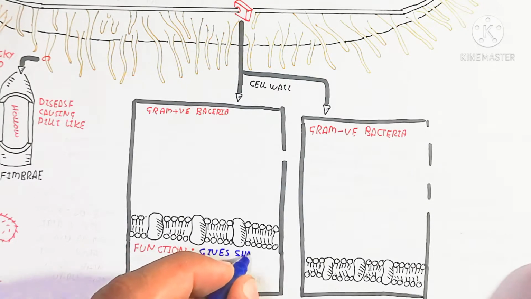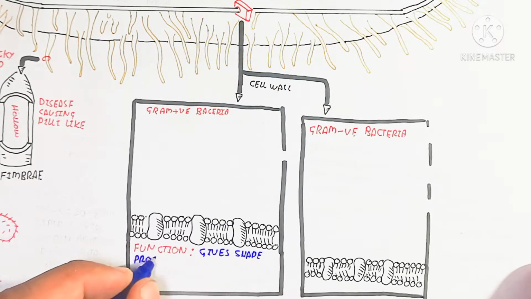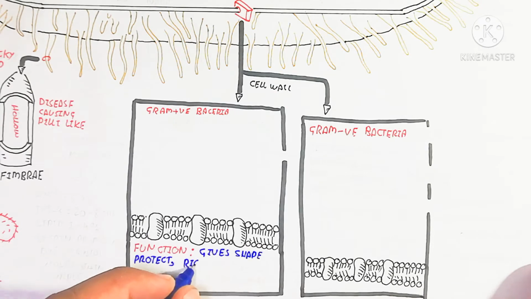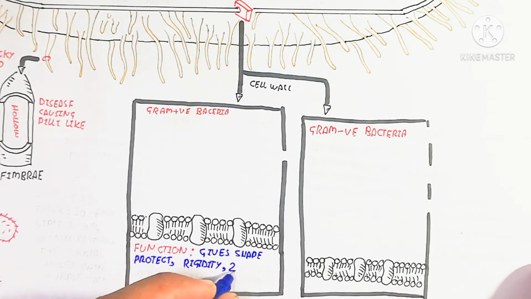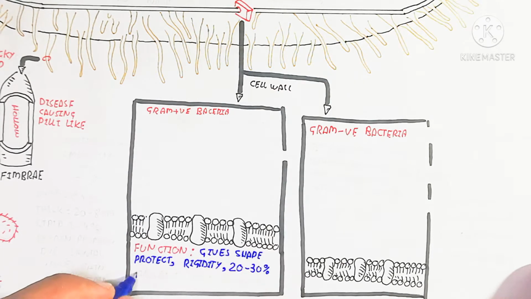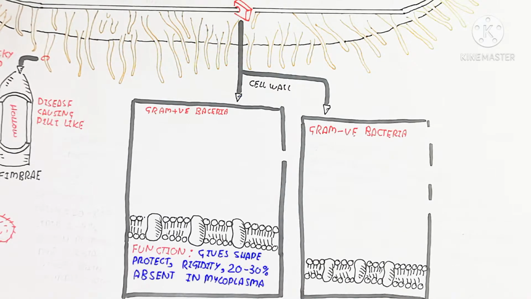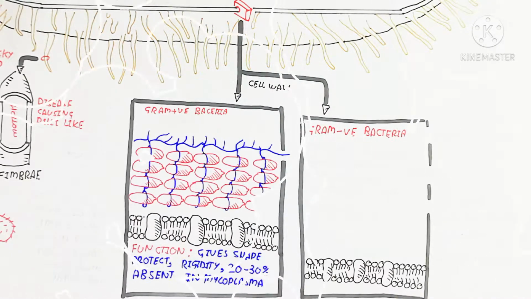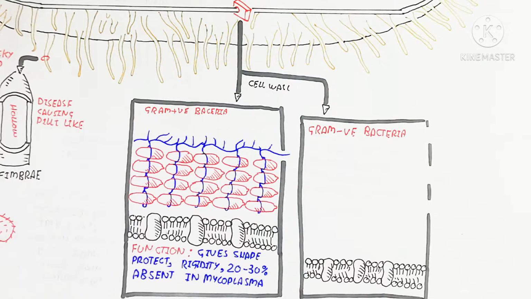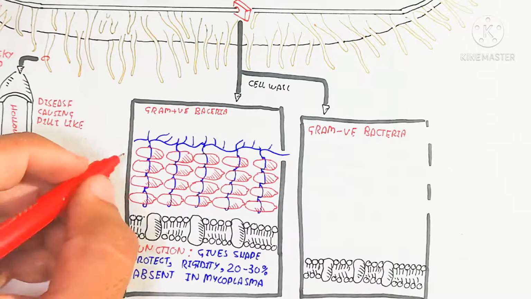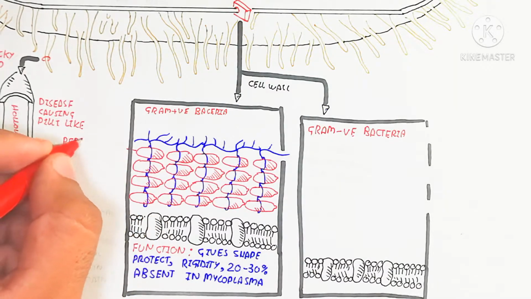The functions of the cell wall are to give shape, protection and rigidity. 20 to 30% of bacteria contain the cell wall, while it is absent in mycoplasma, a type of bacteria which lacks it. Here the peptidoglycan is interconnected to each other.